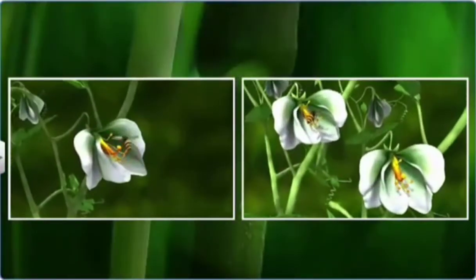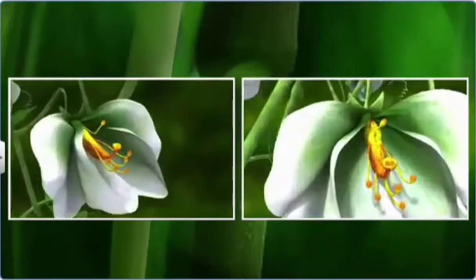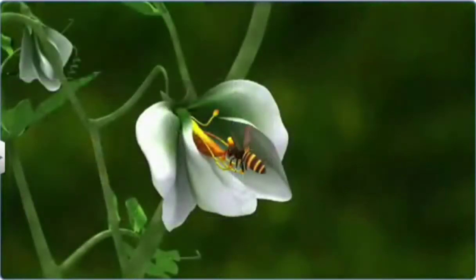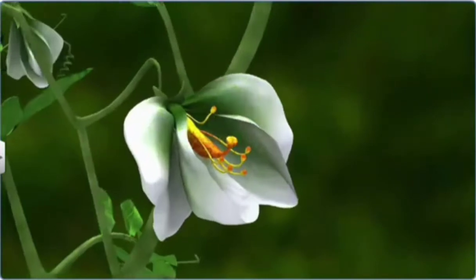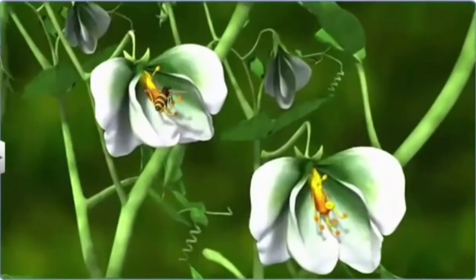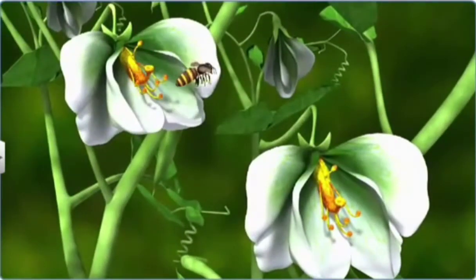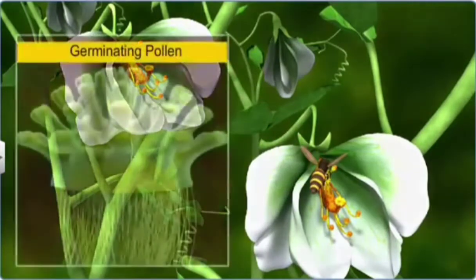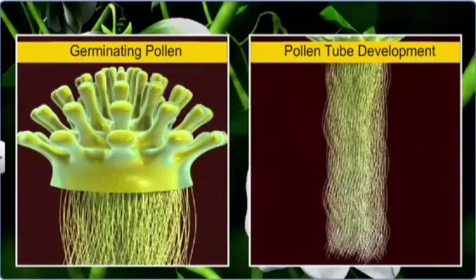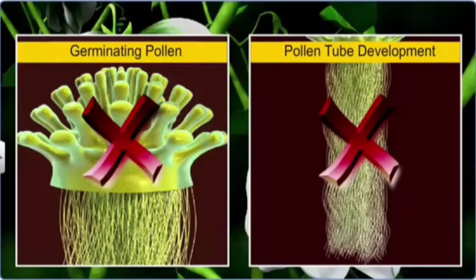Adept at preventing both autogamy and geitonogamy, self-incompatibility prevents self-pollen, that is, pollen from the same flower or different flowers borne on the same plant, from germinating or developing a pollen tube, a move that prevents fertilization of the egg.